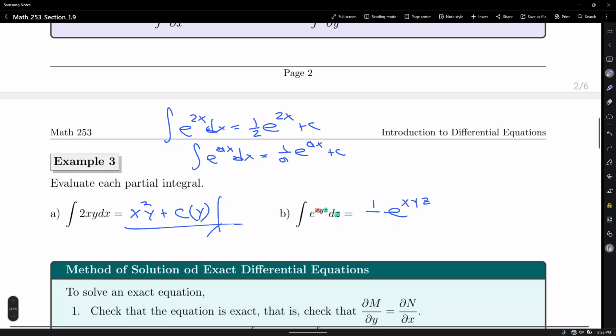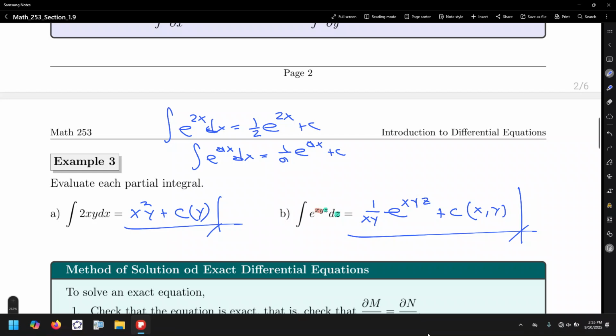But a in this case is whatever is multiplying the variable we are integrating with respect to, which in this case is z. The coefficients are x, y, plus some constant of integration. However, this constant of integration is not just the letter c. It's a function of the variable or variables, in this case variables, that we held constant, a function of x and y. So we still need a little bit of partial integration to solve these equations.